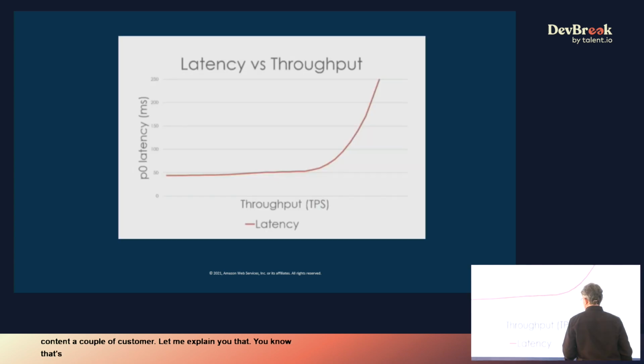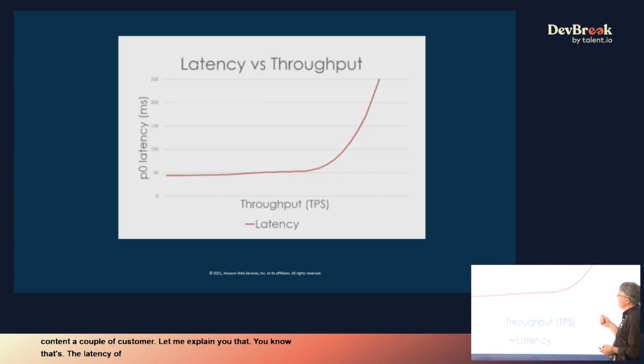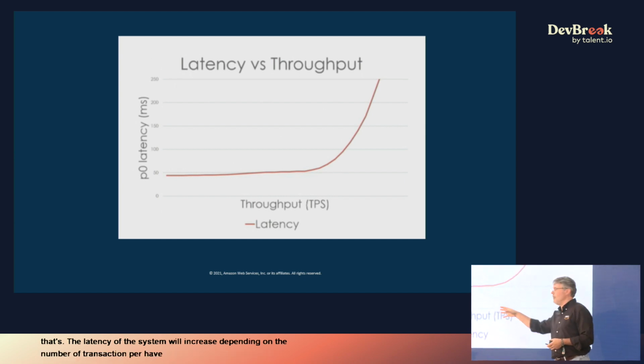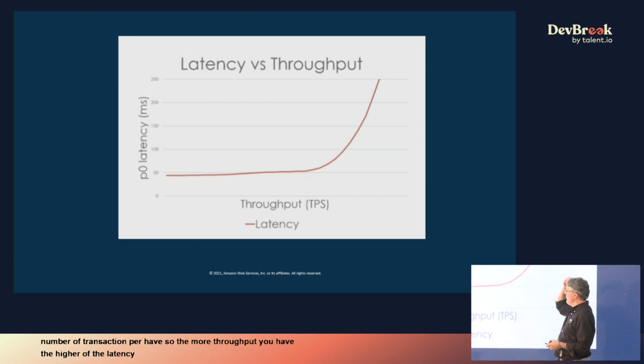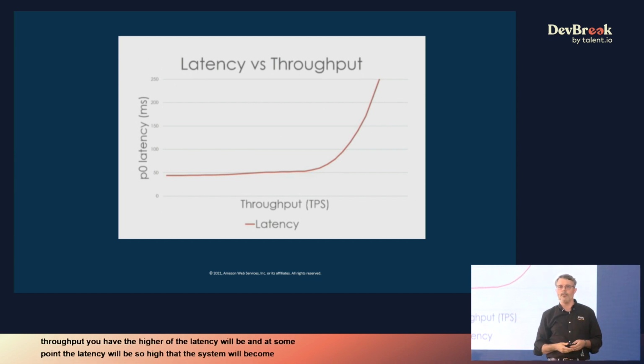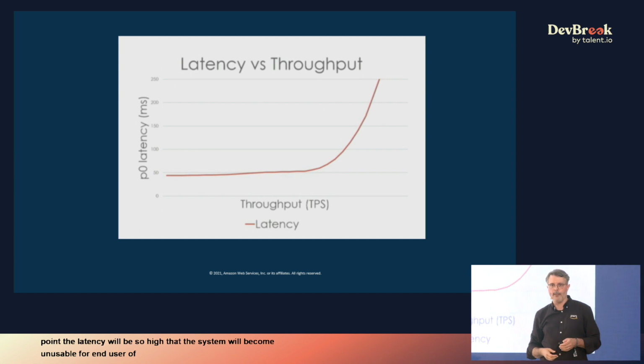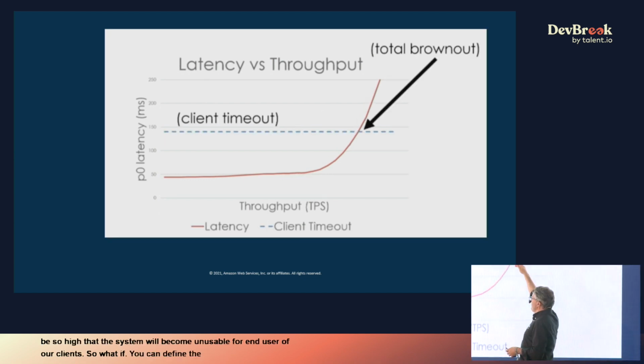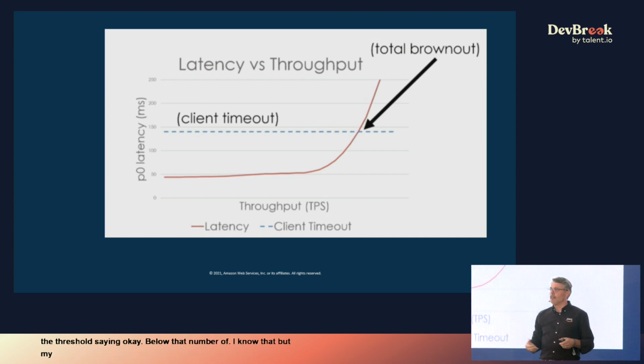You know that the latency of a system will increase depending on the number of transactions per second you have. So the more throughput you have, the higher the latency will be, and at some point the latency will be so high that the system will become unusable for an end user or for a client. So what if you can define a threshold saying, okay, below that number of throughput, I know that my system is working.